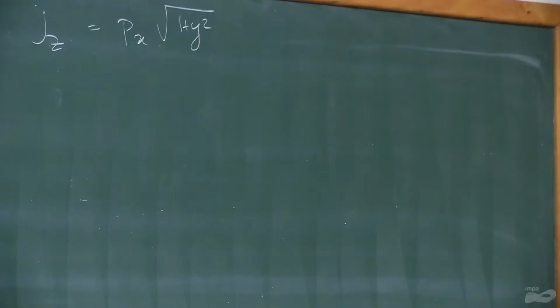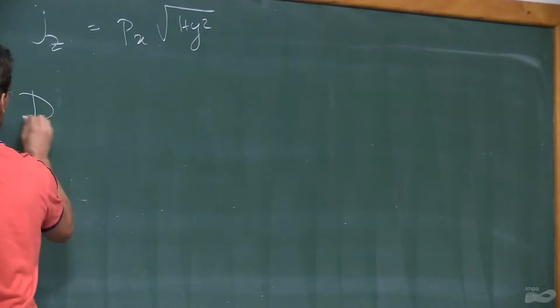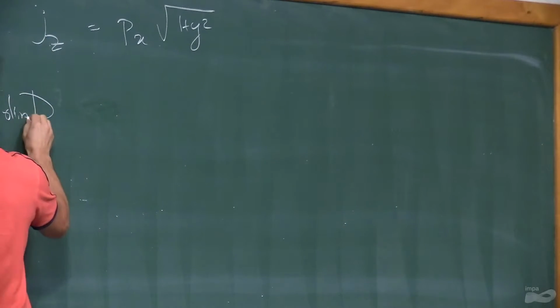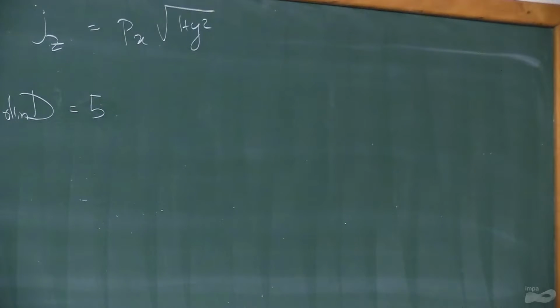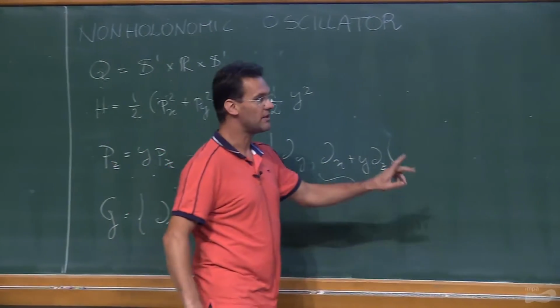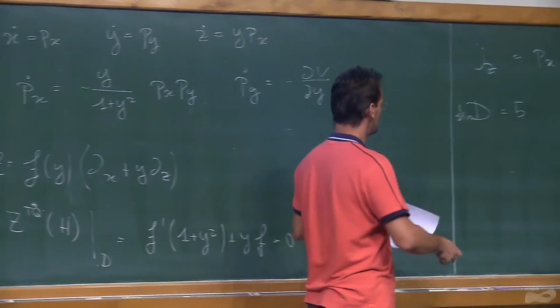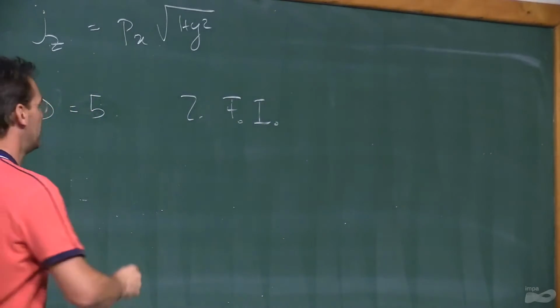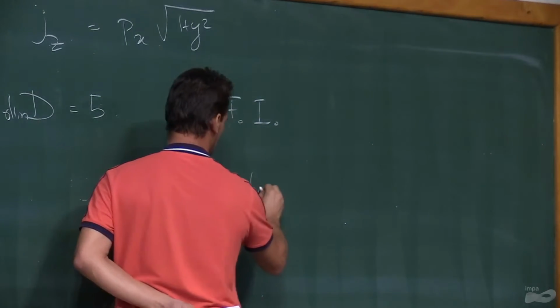And then, well, what can I see from here? Well, I have a phase space, let me call it D, which has dimension 5. We have two first integrals. One is the one that I just found. The other one is the energy, because it is preserved by the dynamics, so two first integrals. And then I realize that there is something more, because there are so-called free dynamical symmetries.